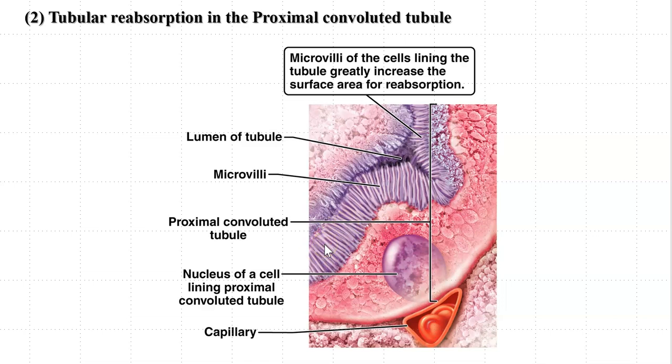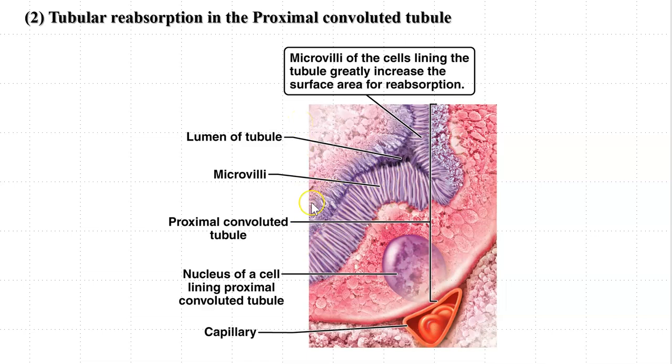Tubular reabsorption basically is a process of reclaiming water and solutes from the tubular fluid and returning them back to the bloodstream, just in case, because keep in mind that 99% of substances are filtered and the filtrate is really, really concentrated.